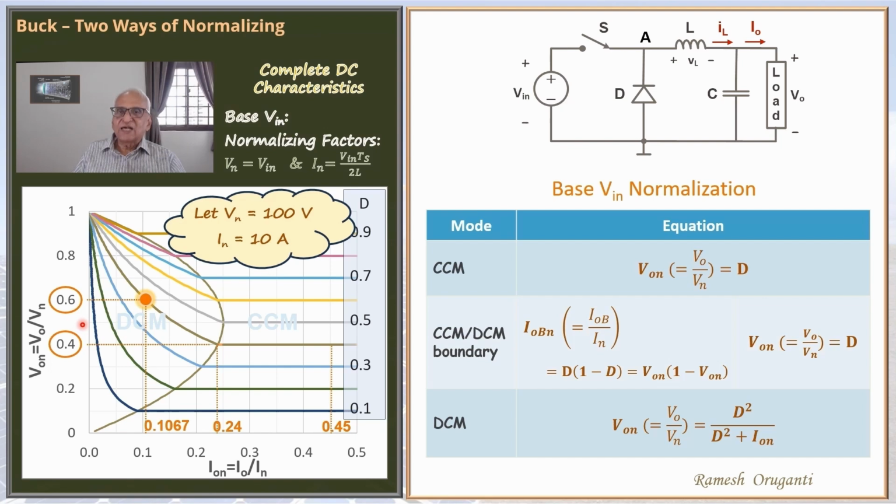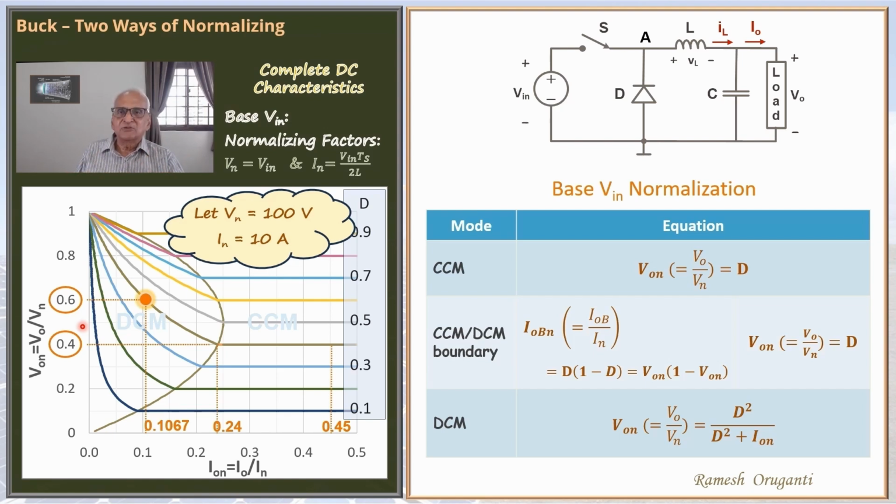The corresponding current is 1.067 amperes and the corresponding voltage is 60 volts. That means as the current is reduced to 1.067 amperes, the output voltage will increase to 60 volts. So overall, we can notice that the regulation becomes poor when you enter the discontinuous conduction mode region.